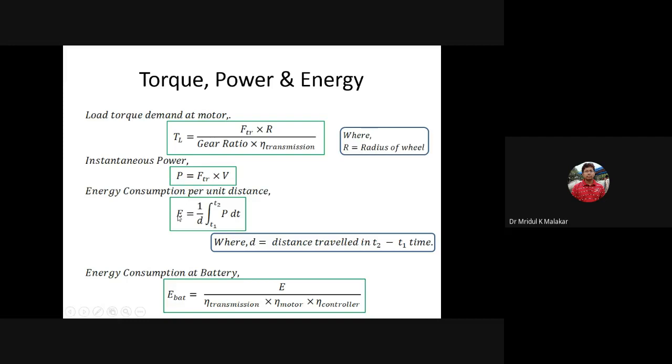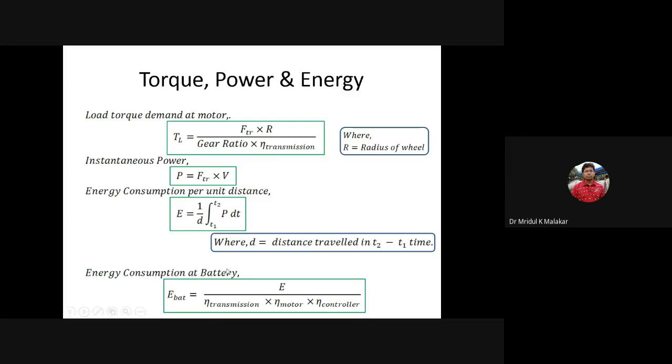Once you get the energy, up to this point it is the mechanical power and mechanical energy consumption. But in the case of robotics or any electrical vehicle, you have to give a battery source.